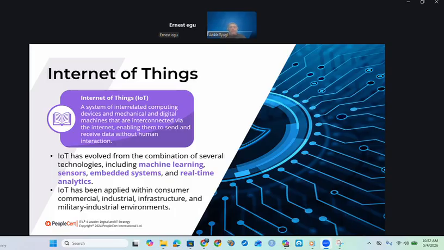IoT has been applied within consumer, commercial, industrial, infrastructure, and military industrial environments. Different industries and markets use IoT for delivering their core services to consumers, anywhere.